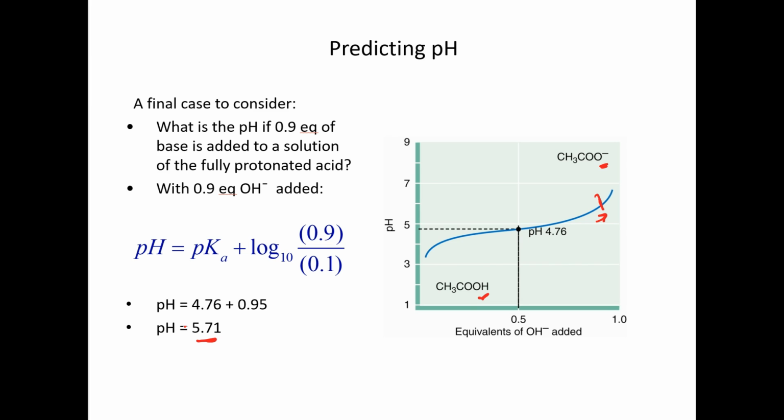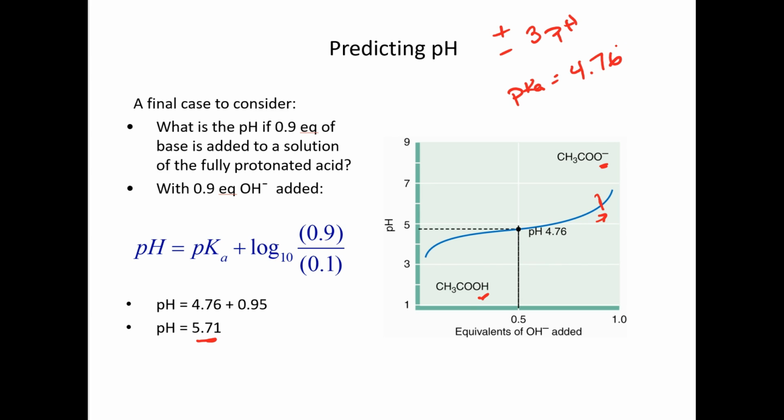Now, going back to that rule, plus or minus 3 pH units. The way it works is, let's say we've got an acetic acid, sodium acetate pairing, and it has a pKa of 4.76.